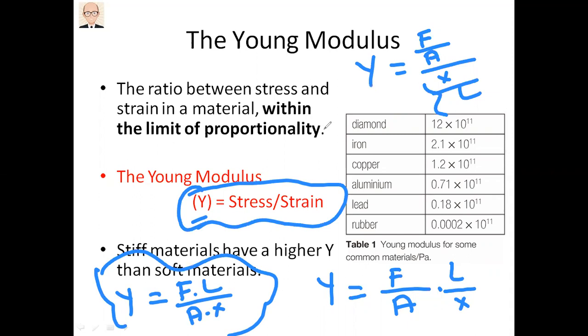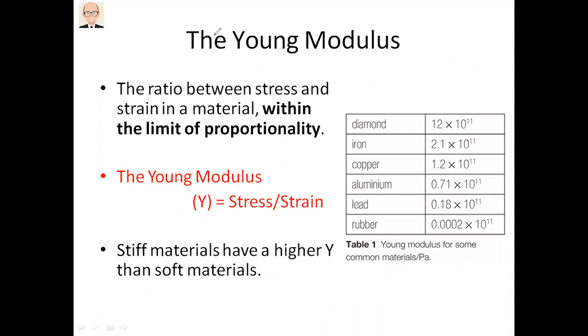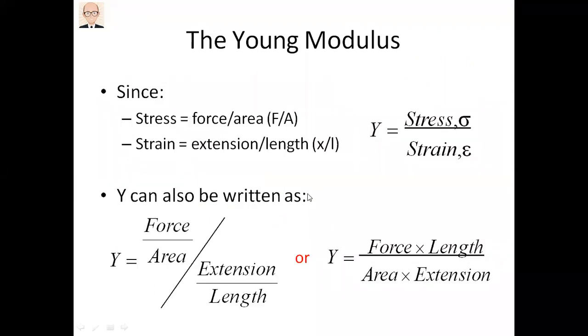Stress divided by strain is equal to the Young modulus. It's a kind of ratio. We said we can write the Young modulus as force times length divided by area times extension.